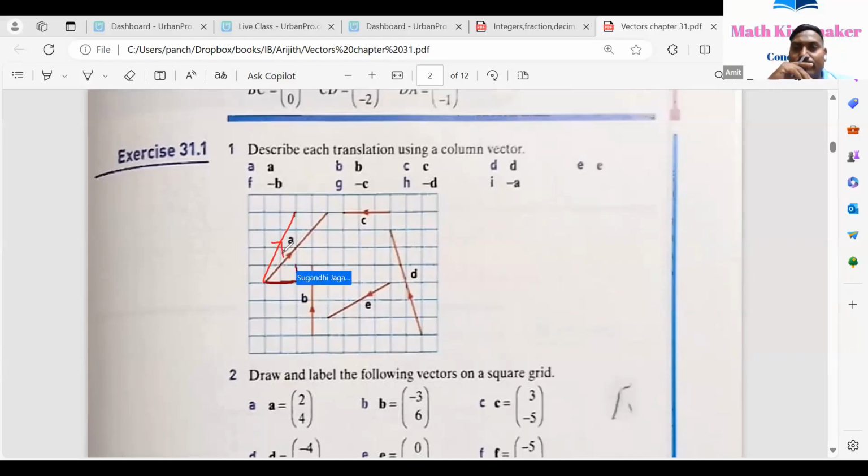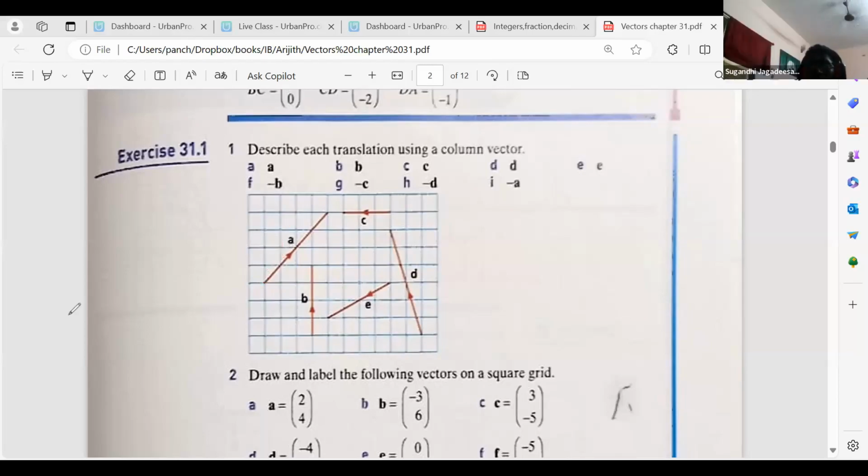Okay. Now -3, 6. You go 3 negative. See, that is a simple thing.